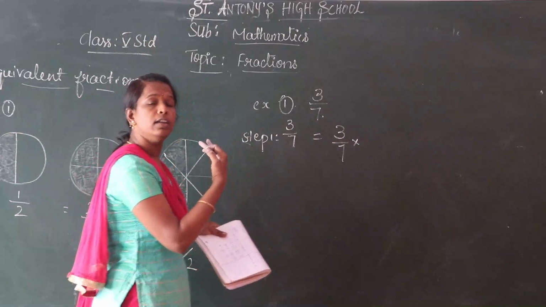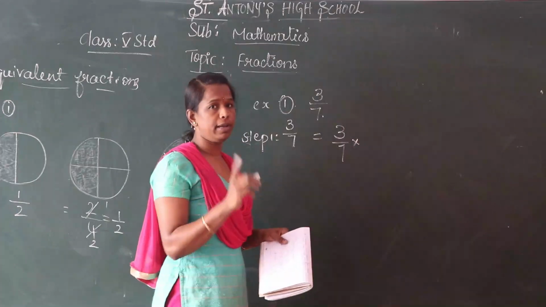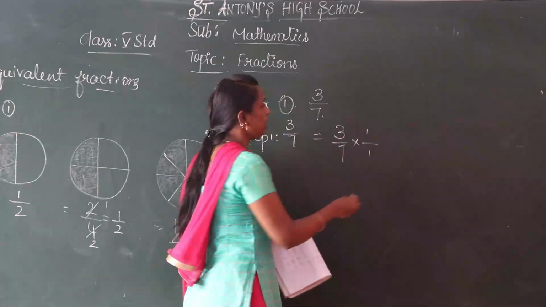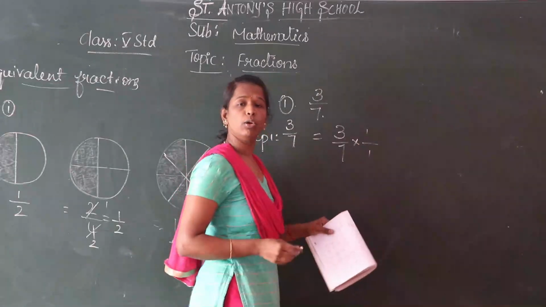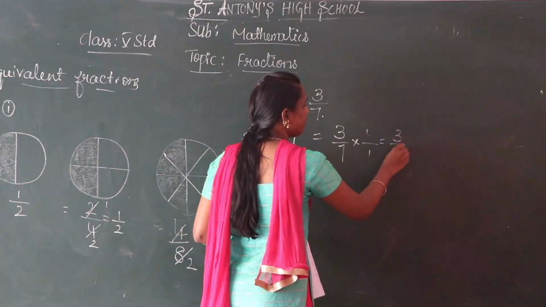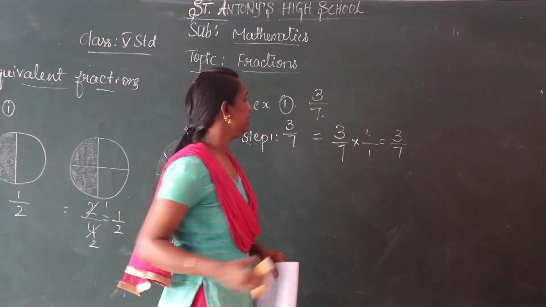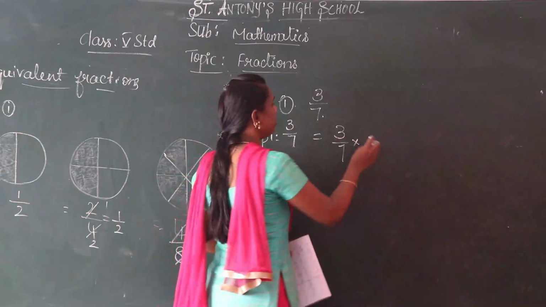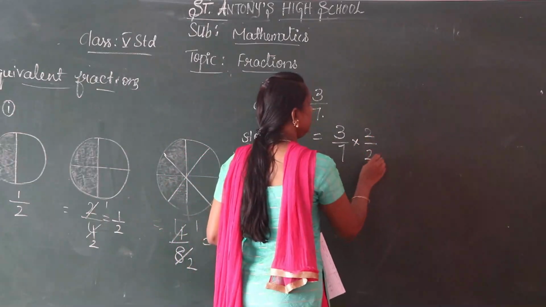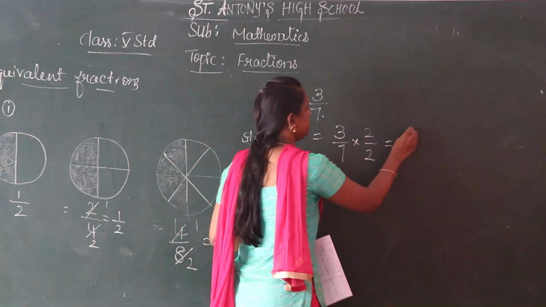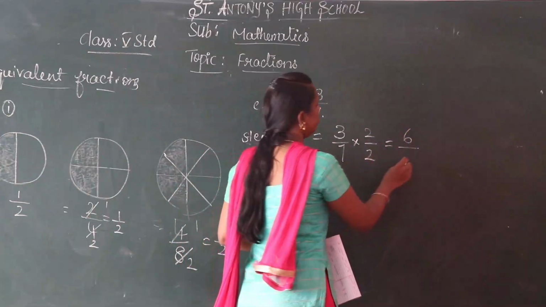When we multiply by 1 for both the numerator and denominator, we get the same answer: 3 1s are 3, 7 1s are 7. Further, we multiply by 2 for both the numerator and denominator. 3 2s are how much? 3 2s are 6, 7 2s are 14.